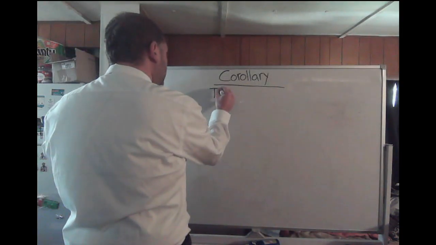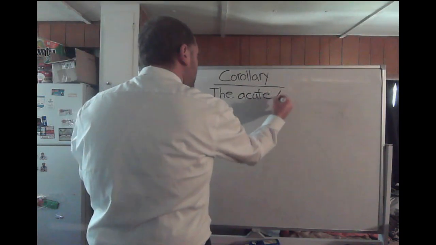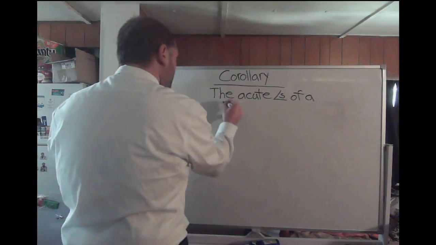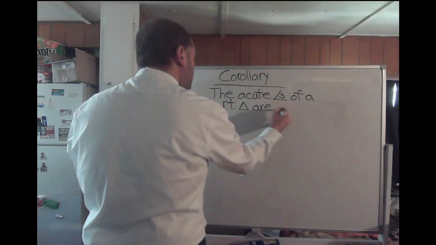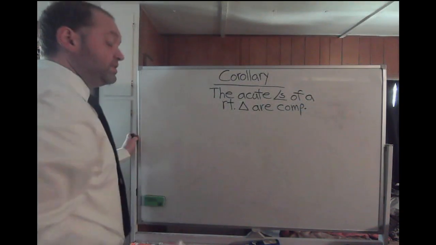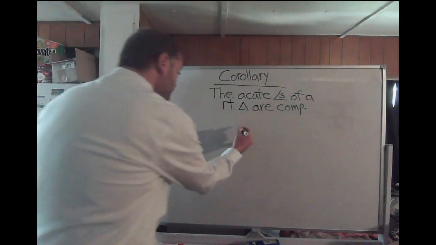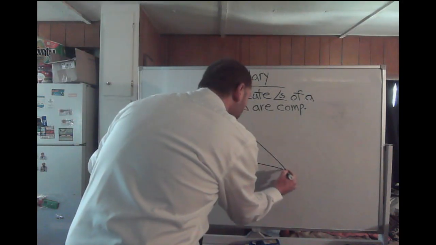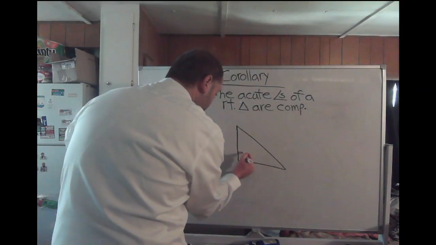So let's see. We have here the acute angles of a right triangle are complementary. So let's illustrate real quick. Alright, I have my right triangle here.